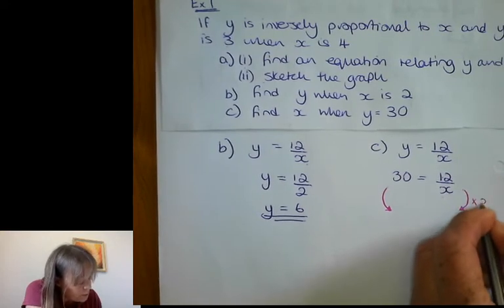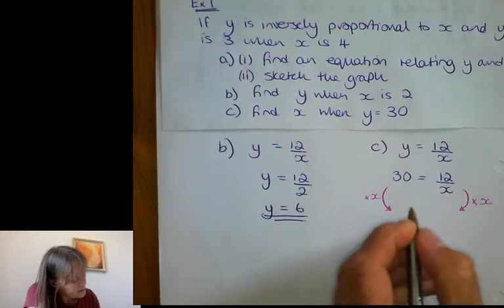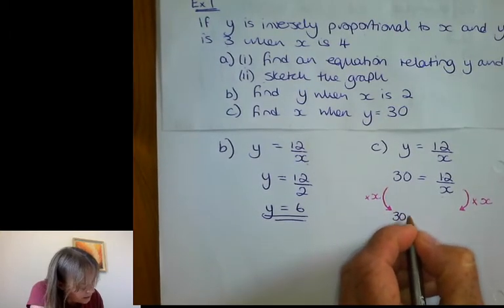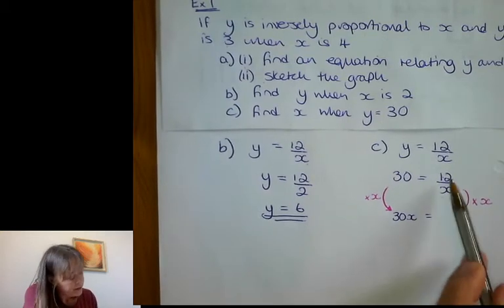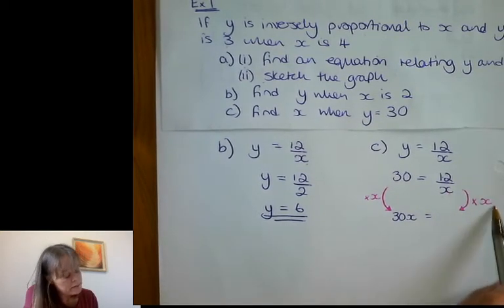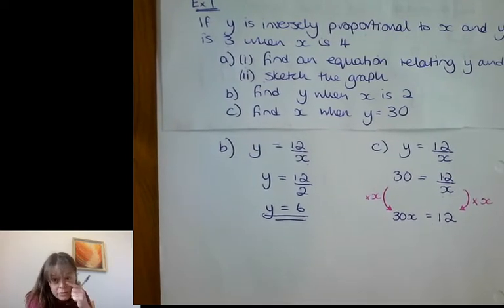We don't want that divided by x because this makes life really difficult to find x. So I'm going to do the opposite of dividing by x, and I'm going to multiply by x. And that means over here, I've got the 30 and I've multiplied it by x. So I've got 30x. Over here I had 12 divided by x, and then I multiplied by x, so that gets rid of the x and just leaves the 12. So I haven't finished.